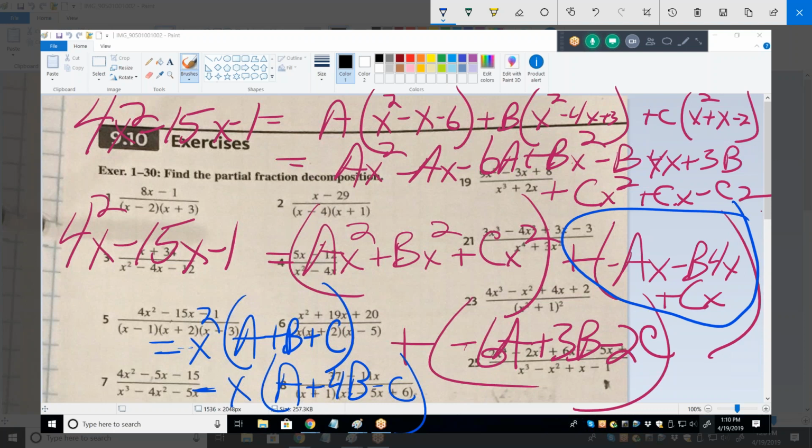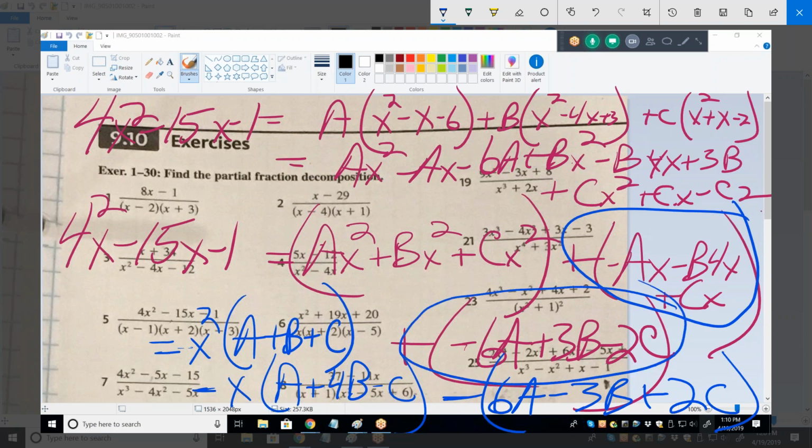And the constant is minus 6a. I'm going to put parentheses there. Minus 3b plus 2c. The only thing I do is make sure that I don't change it going from there to the blue. Yes, sir. And I haven't.